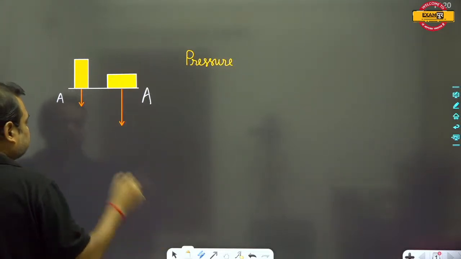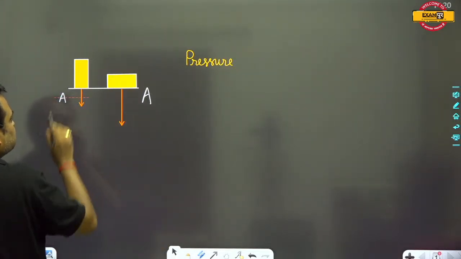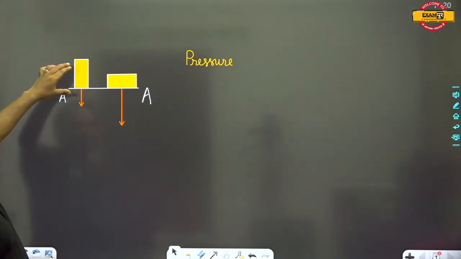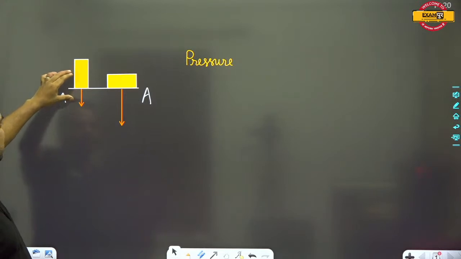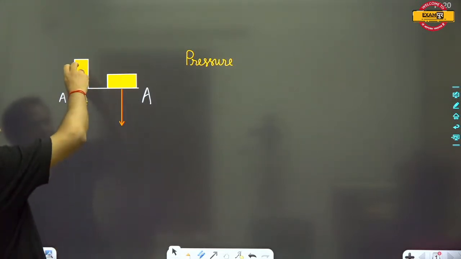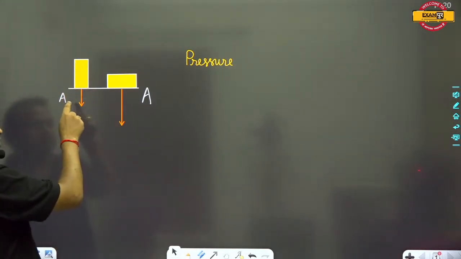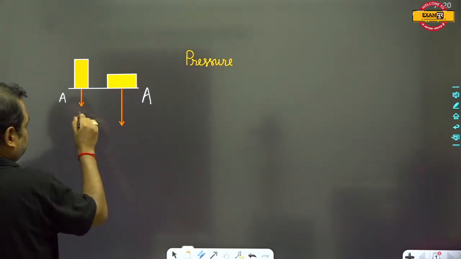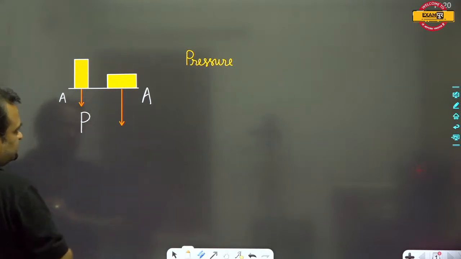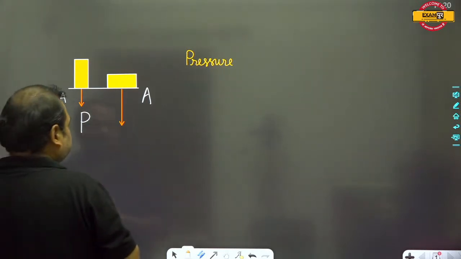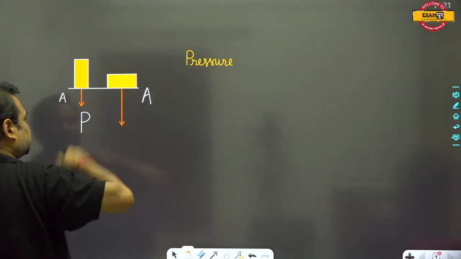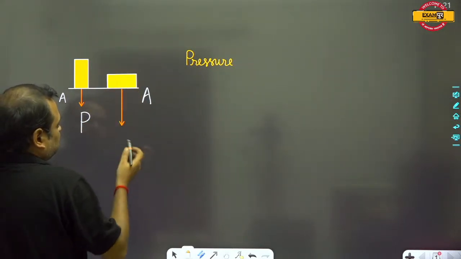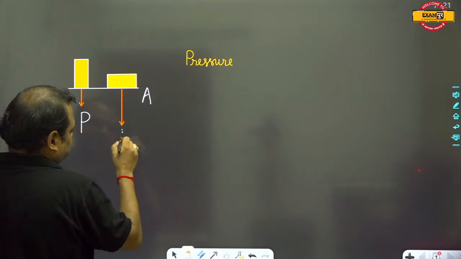If the same weight applies the force on a small area, then obviously the pressure will be very high. If the same weight applies the force over a large area, then obviously the pressure will be low.